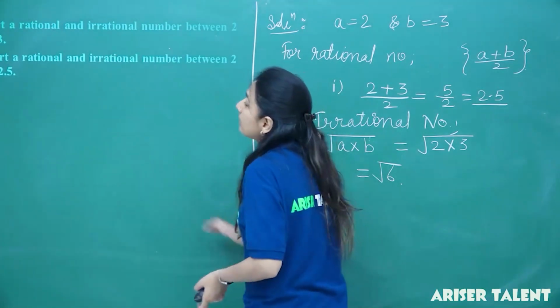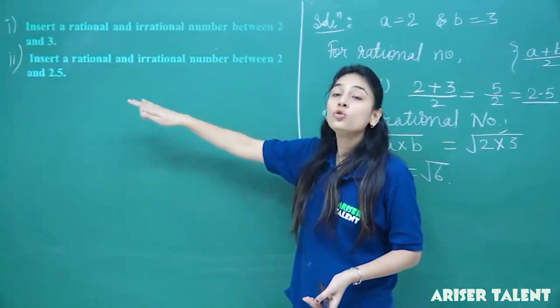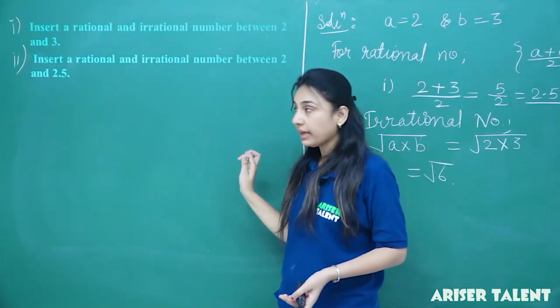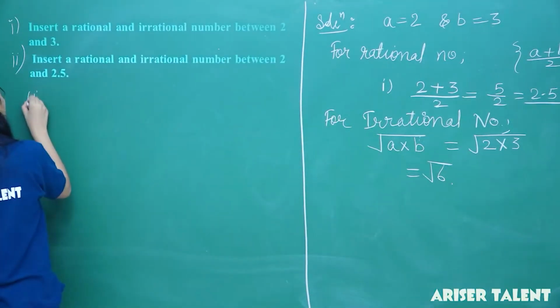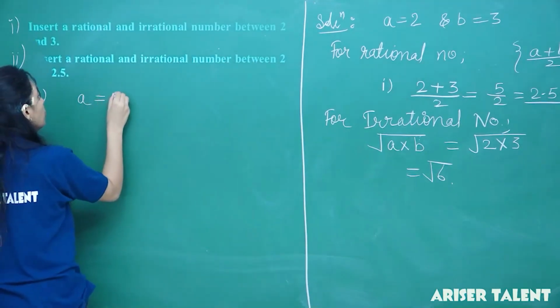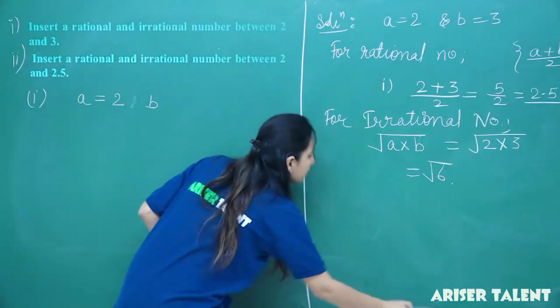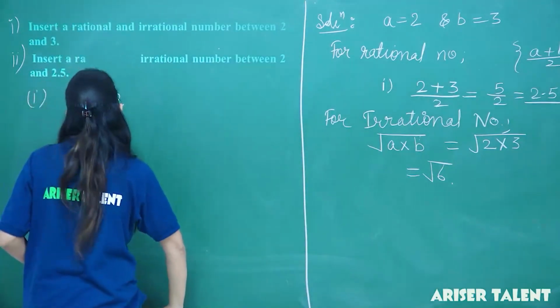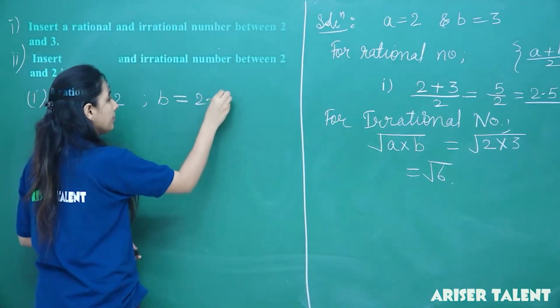Now the second one is insert a rational and irrational number between 2 and 2.5. Right. So for this part, what will we do? a equals 2 and b equals what? 2.5.